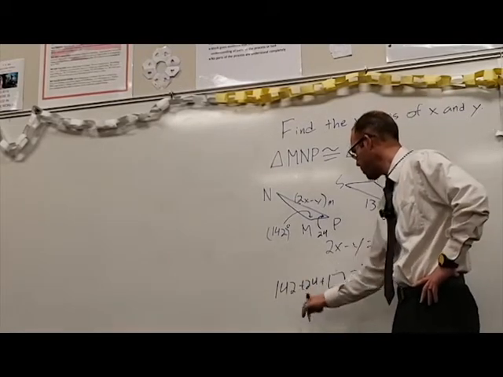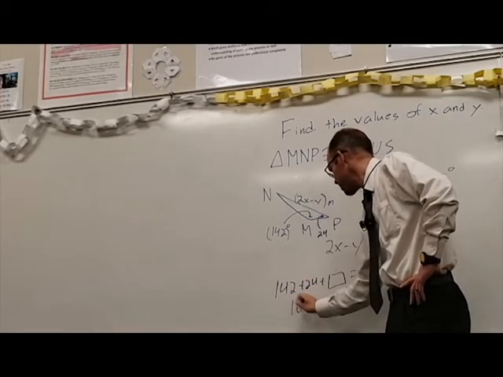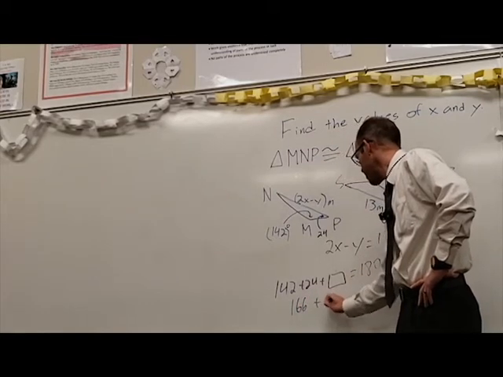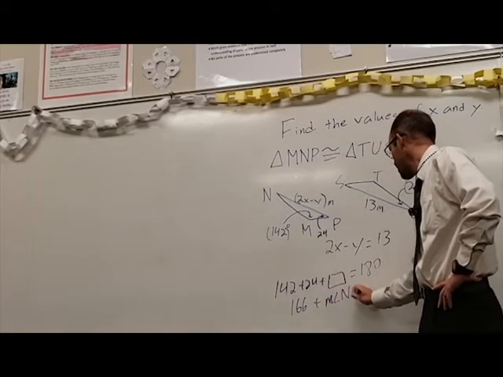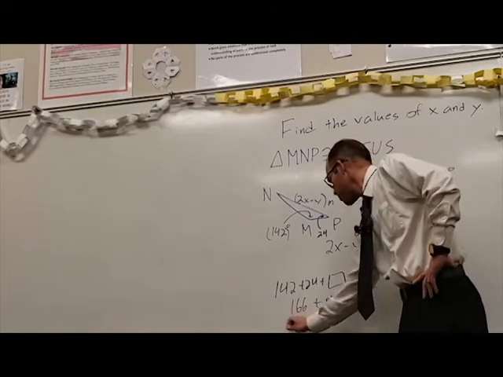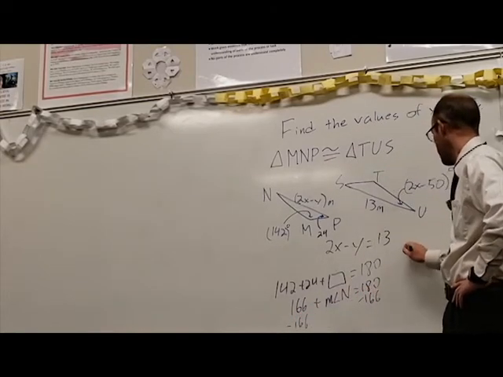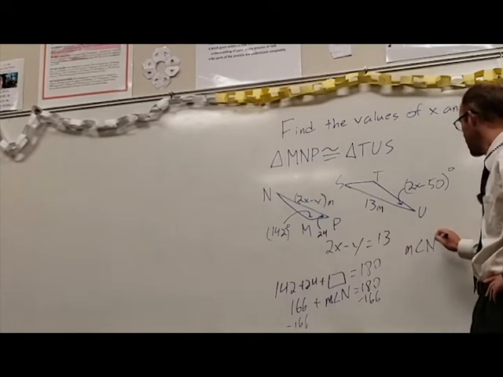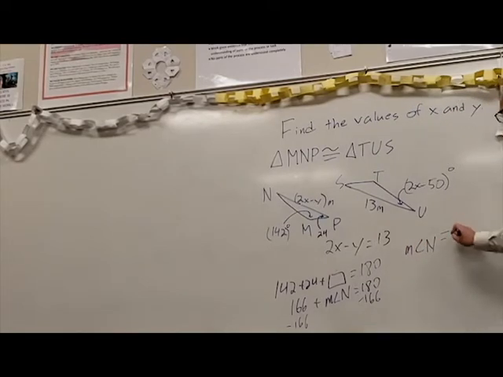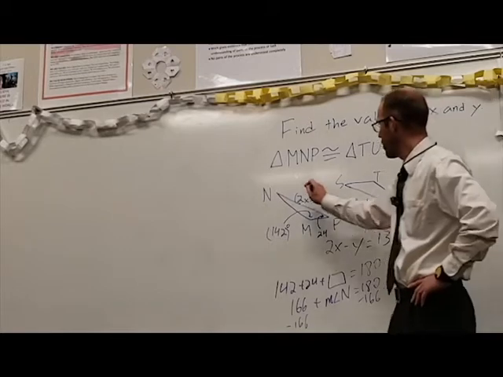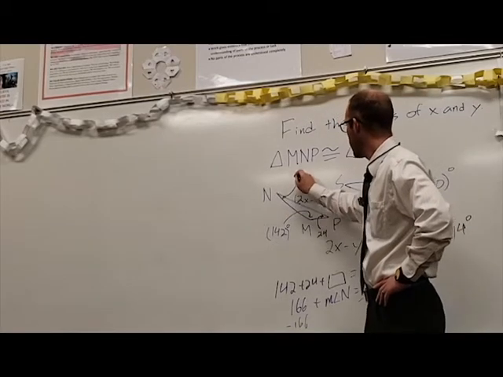So 142 plus 24 is 166, plus the measure of angle N is equal to 180. Let's subtract that 166 to figure out that our measure of angle N equals 14 degrees. So this angle right here equals 14 degrees.